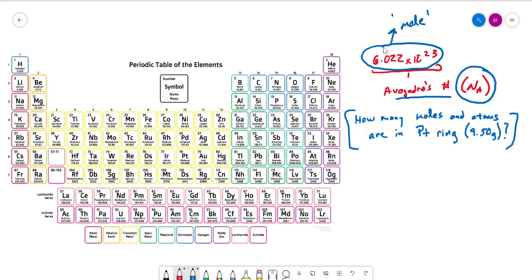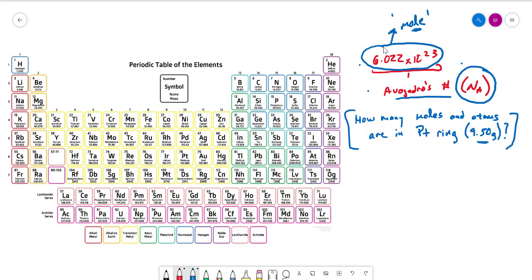All of these are exactly the same thing. Okay, so now that we know this relationship between this thing, a mole, which is again like a dozen, but it's not 12, it's 6.022 times 10 to the 23rd, we can answer questions like this, which is how many moles and how many atoms are in a platinum, say, wedding ring that has a mass of 9.50 grams.